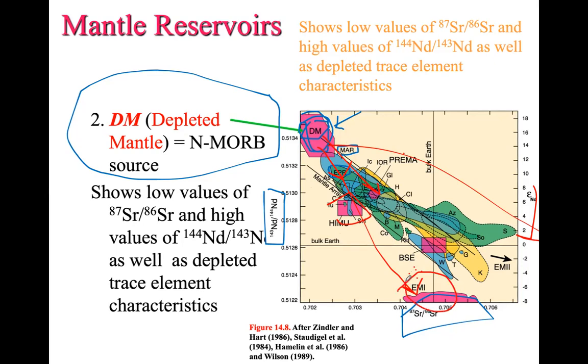Enriched mantle. EM1 means enriched mantle. There are two zones for enriched mantle. A typical mantle is here, that is the depleted mantle. But some places in the mantle show a very different composition from the average composition, so such two zones are called EM1 and EM2. This is another process actually.